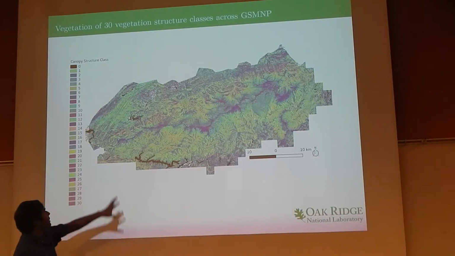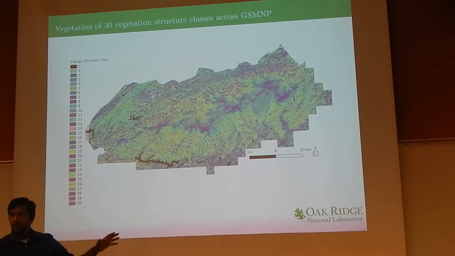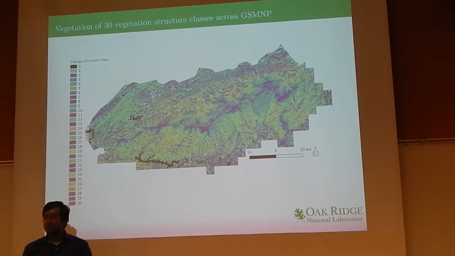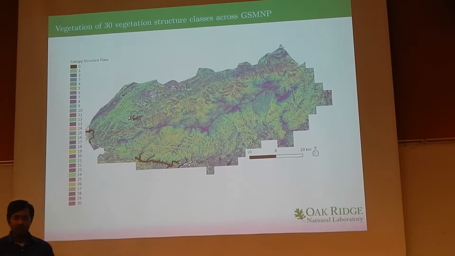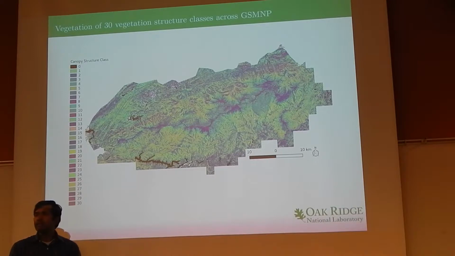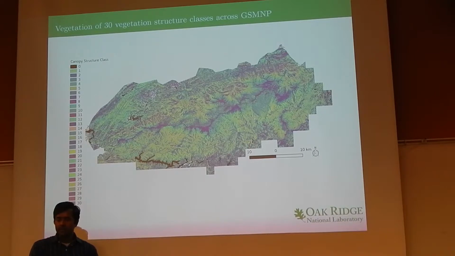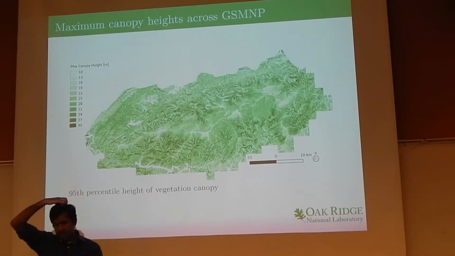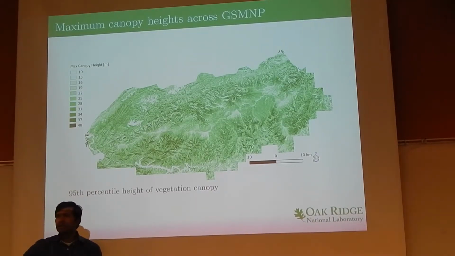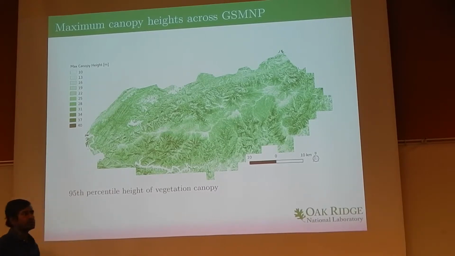And there's a clear difference between North Carolina and Tennessee, because the vegetation is a little bit more complex in the Tennessee section of the park. Just the overall complexity, and everything is being driven by topography and the climate gradients that we experience. We can generate the canopy height models, and they will start to reflect what topography in the park looks like.